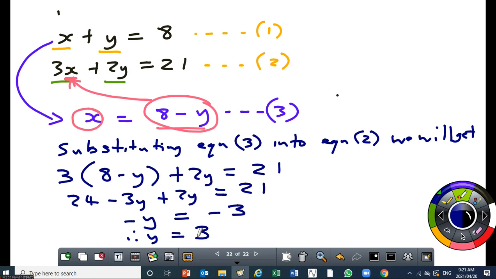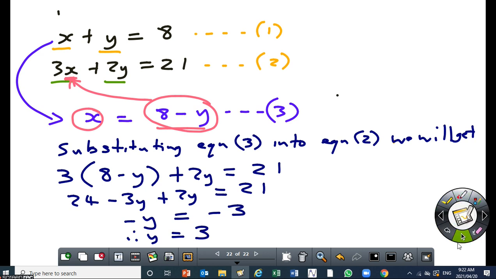Okay? I'm not done. I also need to determine what x is. So I have to solve for x as well. Now, solving for x should be easier now. All I have to do is go back to equation 3. Where there is y in equation 3, I'll put 3 there. So it's easier now. Okay?